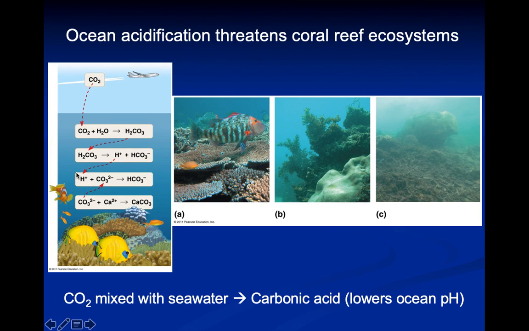Now, that may not sound like a huge deal, or it might sound really scary. It should sound scary, because that acid will now allow the ocean to dissolve the shells of a lot of organisms. A lot of organisms make calcium carbonate shells.